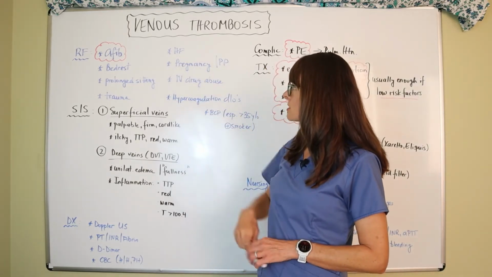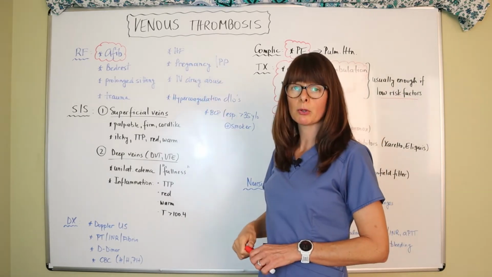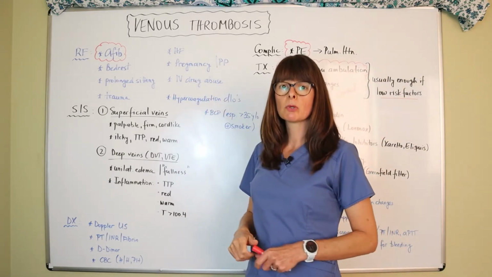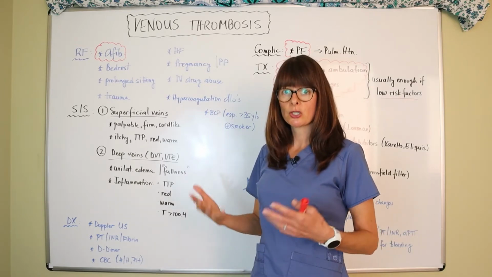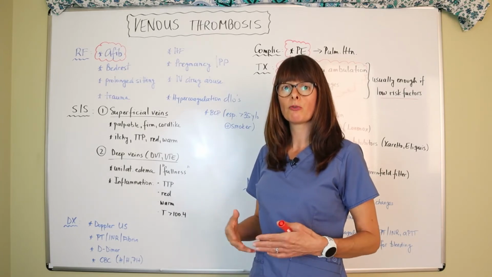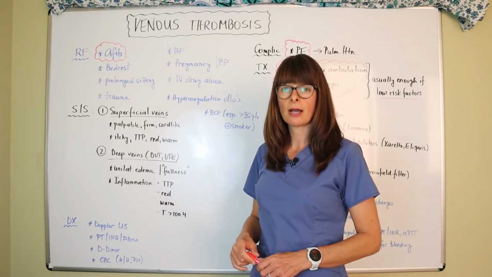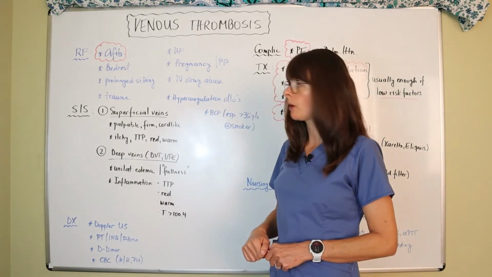Heart failure patients are at higher risk, as well as pregnant patients in the postpartum period. That is mostly because the blood volume increases during pregnancy, and that, plus maybe decreased ambulation and movement as the fetus grows, also leads to a higher risk of developing thrombi.